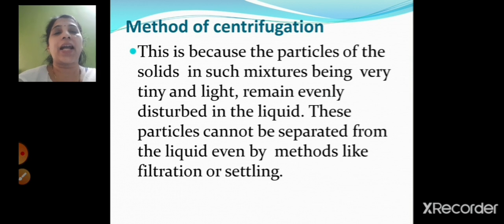Because they are tiny and light, they are always mixed with the milk or ink. You cannot see them settling down. These particles cannot be separated from the liquid even by methods like filtration or settling, right? Even if you filter it, you cannot separate these particles, and they will not settle down either.